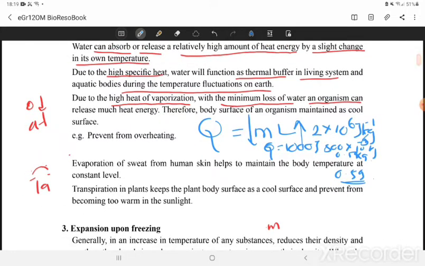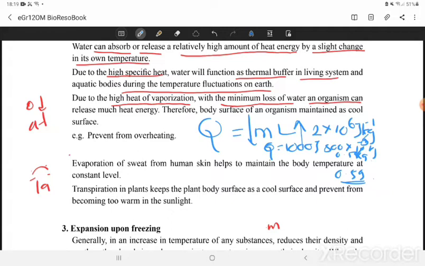Due to high heat of vaporization with the minimum loss of water, an organism can release much heat energy. Therefore, the body surface of an organism is maintained as a cool surface. Suppose you sweat. When you sweat, there's water in the sweat, and it spreads over your body surface.